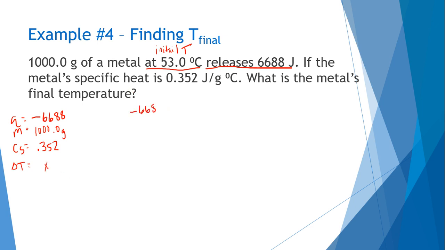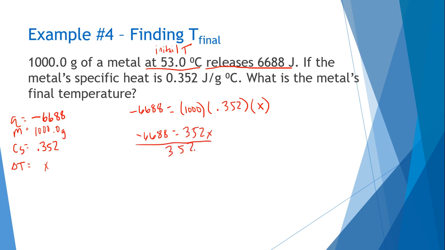Here we can plug in what we know. Negative 6,688 equals 1,000 times 0.352, and I don't know my change in T, so I'm going to put X. Let's do our algebra to combine them. And then when we actually solve for X, we get a negative 19.0 as a change.